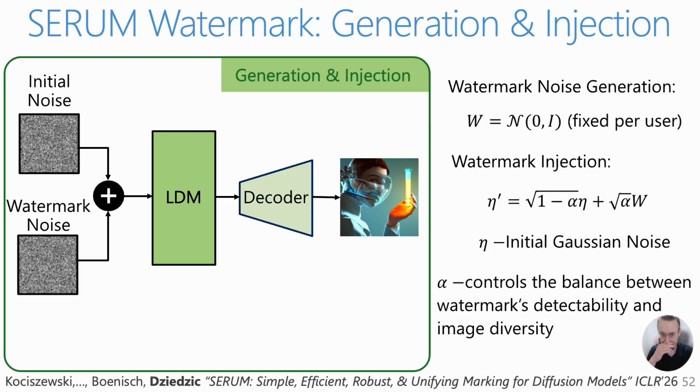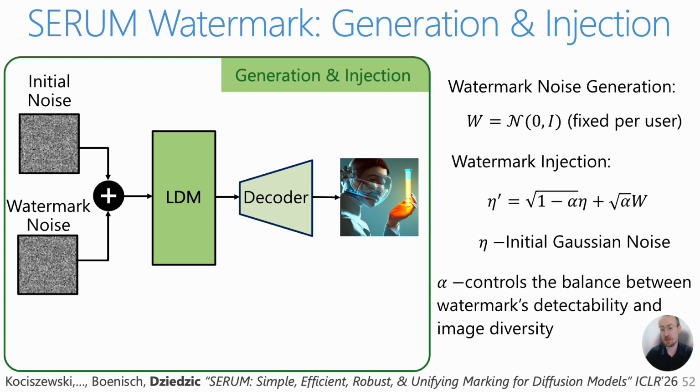Now the parameter alpha controls the balance between watermark detectability and image diversity. If we set alpha to be high, this means that W is dominating the term eta prime, and then the watermark is strongly embedded into the image.